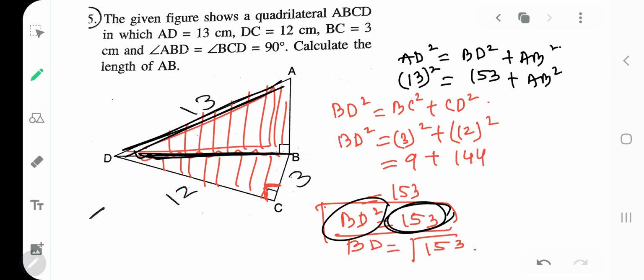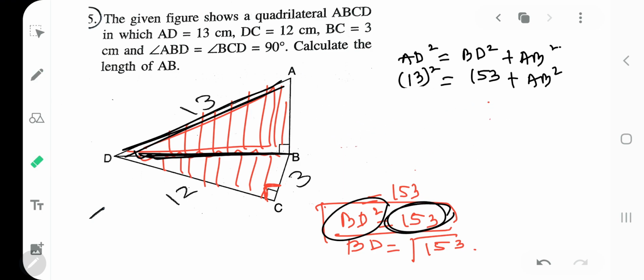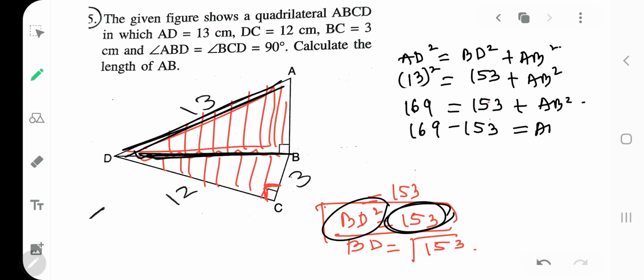So here 13 square will be 169 is equal to 153 plus AB square. That means 169 minus 153 is equal to AB square, and this will be 16 is equal to AB square. So AB will be root of 16, that is 4 centimeter.